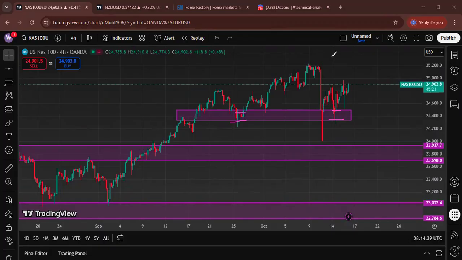We already have the all-time highs of 25,200. This is Q4 we are in, and we are in October. So I'm looking at price breaking above and forming new highs. If you see a break above 25,200, I'm looking at 25,400, 25,600, 25,800, then eventually even 26,000. Let's wait and see how price reacts to this.